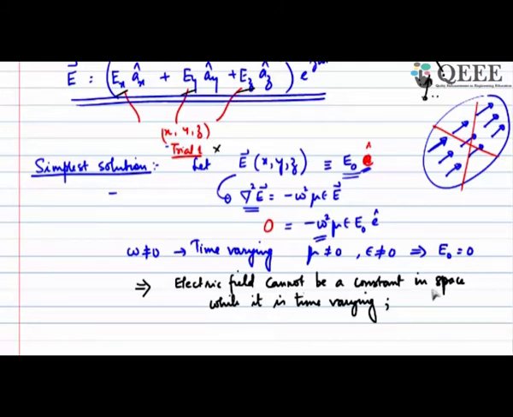It has to satisfy Maxwell's equations, so it cannot be a constant in space. There has to be some space variation. I don't know what that variation is yet, but the field is varying with space.